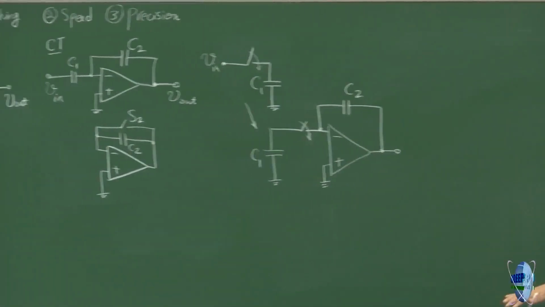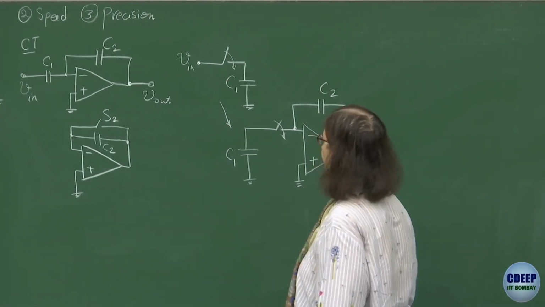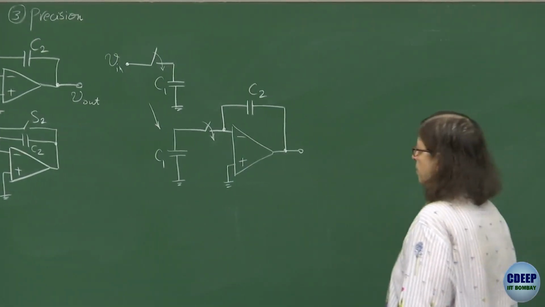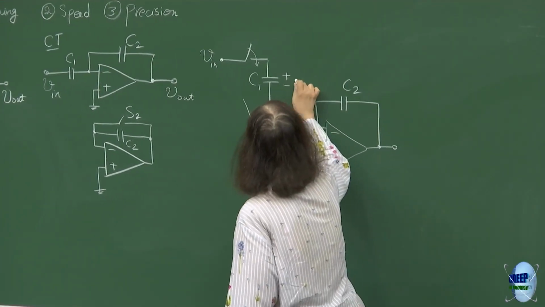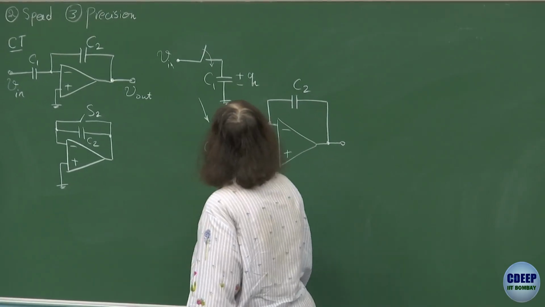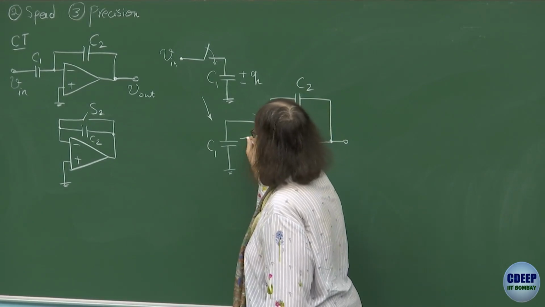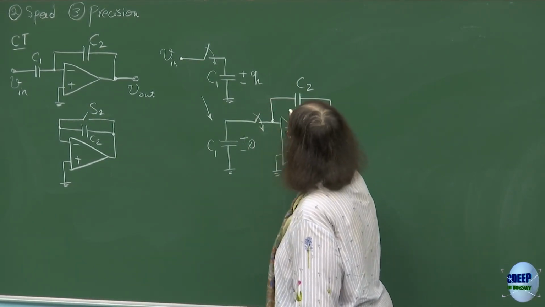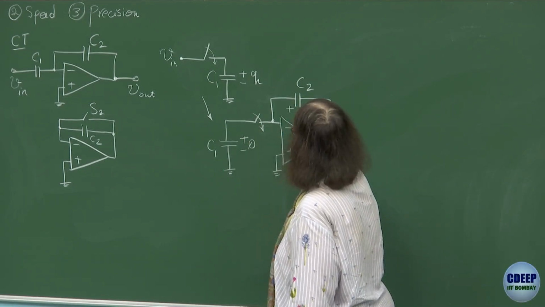So what is the concept over here? One thing we have to be very careful. We are charging this capacitor to some charge, say Q, which is coming from Vin. So when we connect it to the virtual ground, this charge will go to 0. And charge will get transferred to this capacitor, right? So this will be Q now.